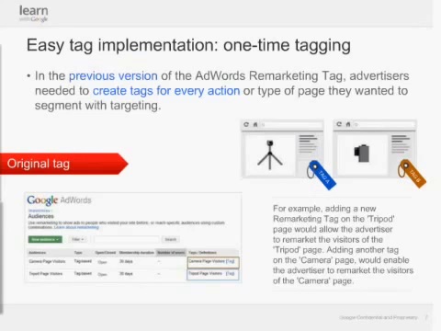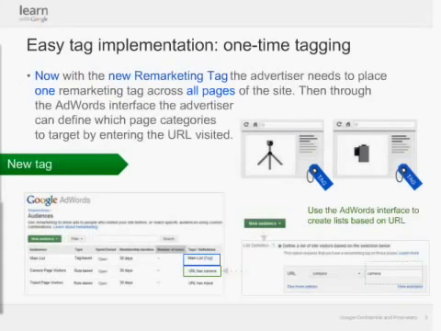What we did is eliminate the need for multiple tags. What we actually launched with it, not only the ability for one-time tagging, is the ability for you within AdWords to tell what kind of pages you're on, no matter what kind of tag is on the site.